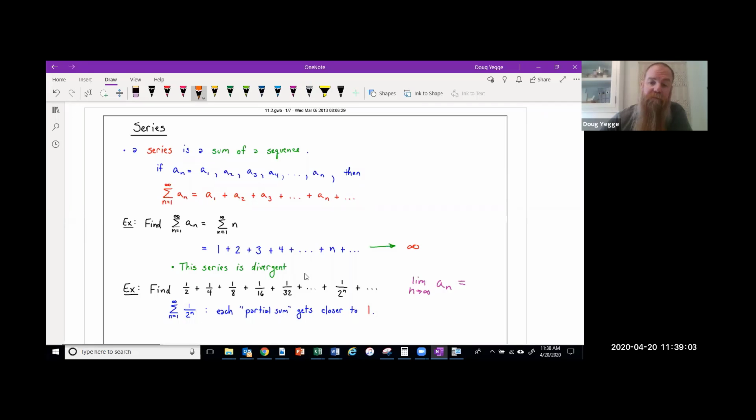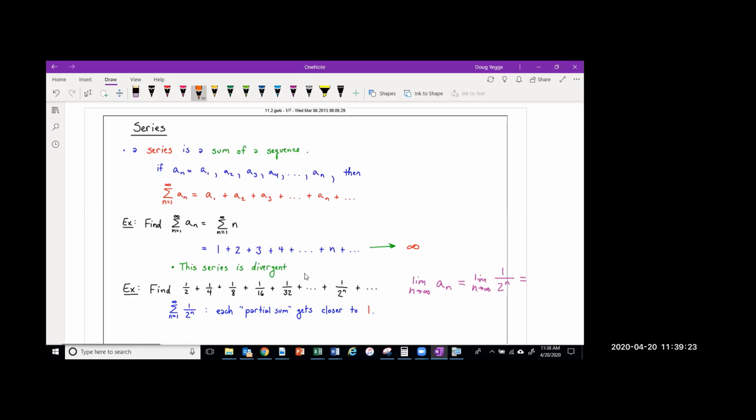Ideas? Nobody? Okay, well, what is A sub n? A sub n is the sequence. The limit as n approaches infinity of 1 over 2 to the n. Anyone now? It's approaching 0.